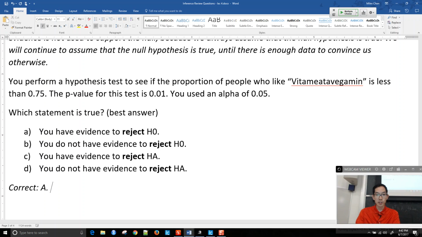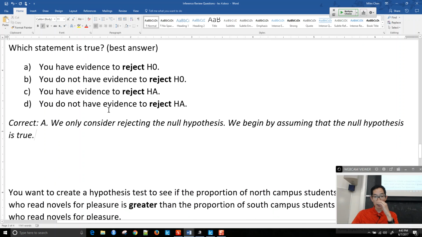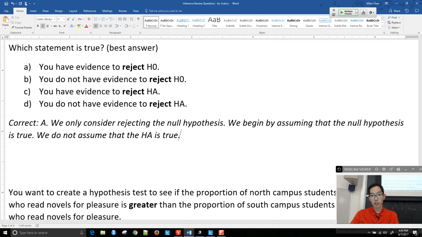The correct answer choice here is A. We only consider rejecting the null hypothesis. Again, we begin by assuming that the null hypothesis is true, and we do not assume that the alternative is true.